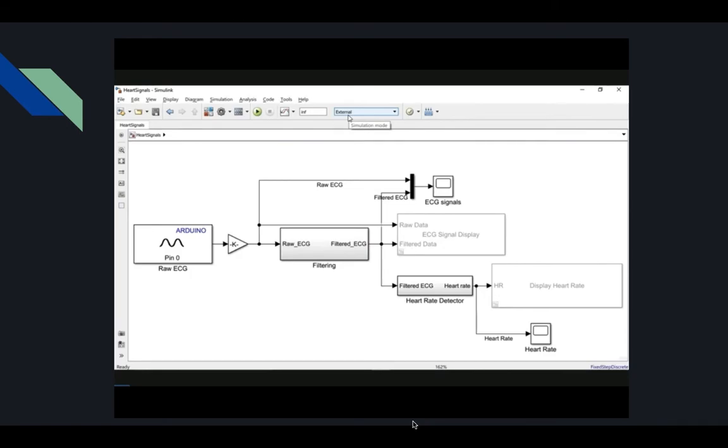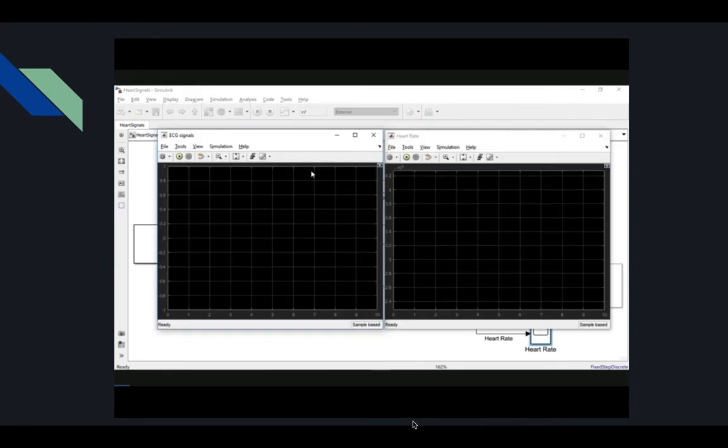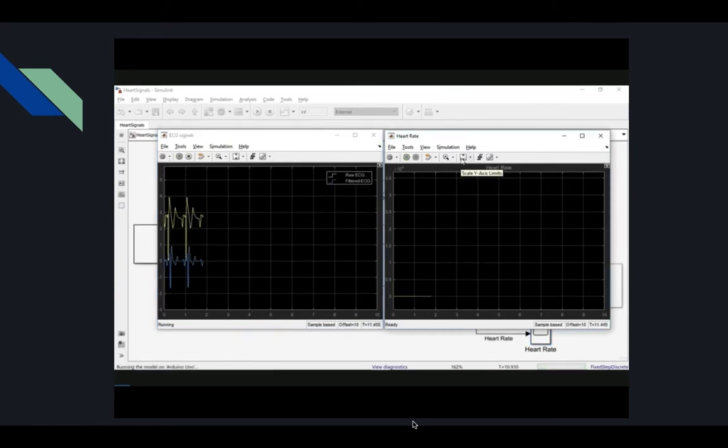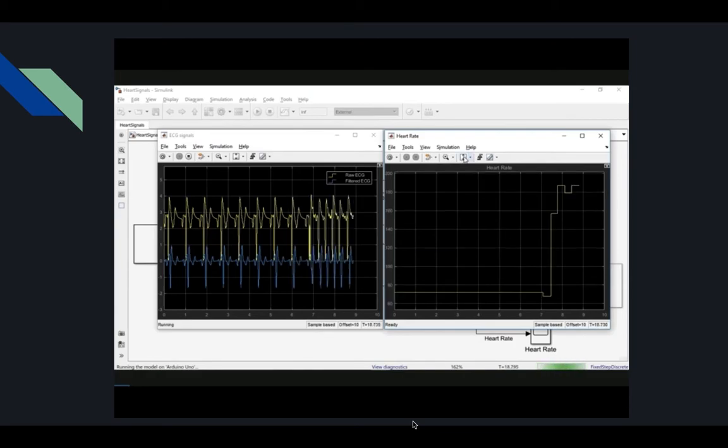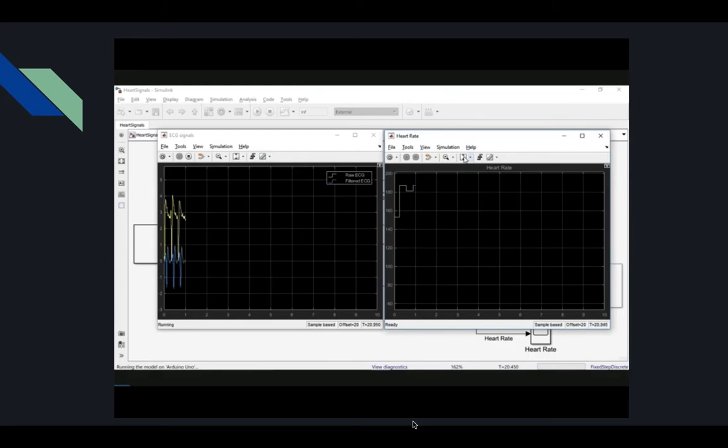Now initiating the simulation. Here are the readings of ECG and heart rate, the difference between raw and filtered ECG, and heart rate separately.